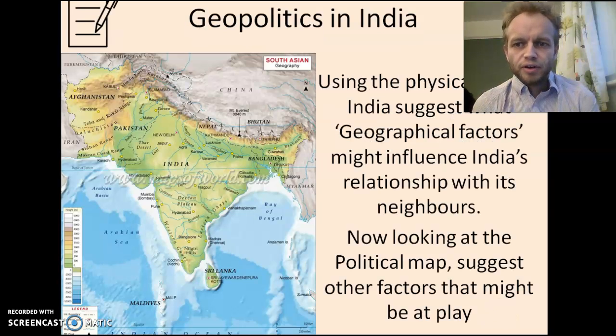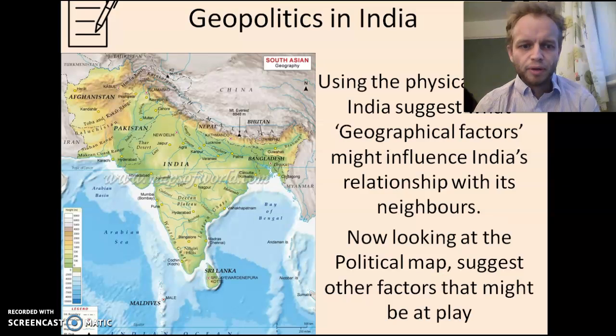Okay, so I'd like you to have a look at the two maps that I'm going to present, and just off the top of your head, using these maps, I want you to think about these geographical factors. What are the kind of things that we might be thinking about? So using firstly a physical map of India, have a look, and what are the kind of things that we might be thinking about there?